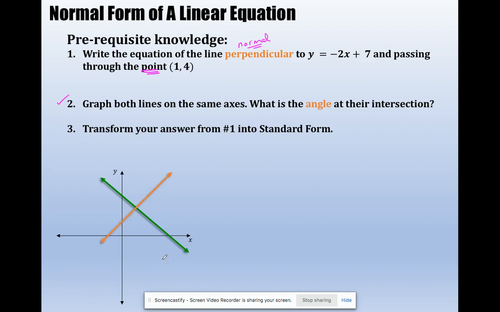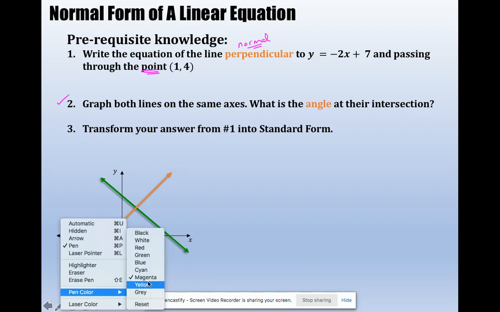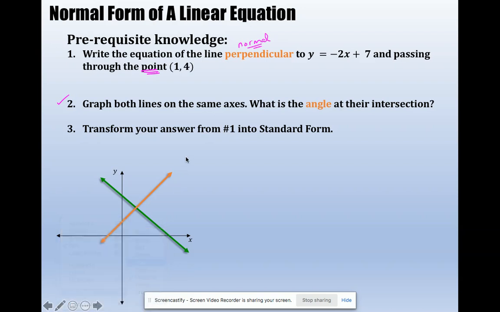There's my perpendicular, or my normal. This is my normal line. We call that N. What is the angle at their intersection? Hello, right? To be perpendicular, you have created right angles.